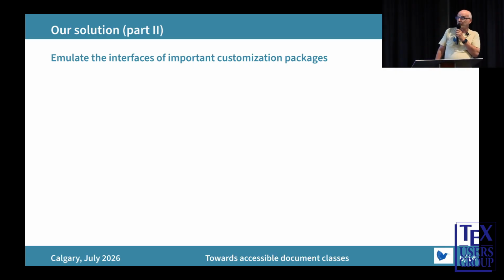The second part of the solution is therefore that we want to have these important customization packages like enumitem, titleps, titletoc, whatsoever, geometry, and so on, have their interfaces emulated, so that the class that is using one of those packages with the interfaces that these packages provide is automatically using behind the scenes the new template mechanisms, getting the accessibility therefore for free, and still work, provide the same kind of layout.